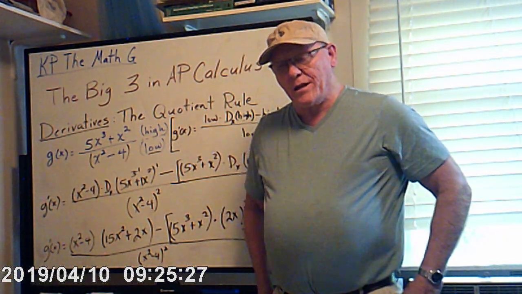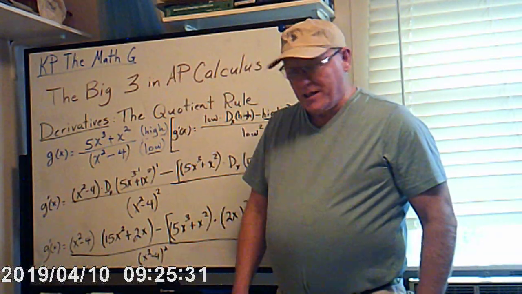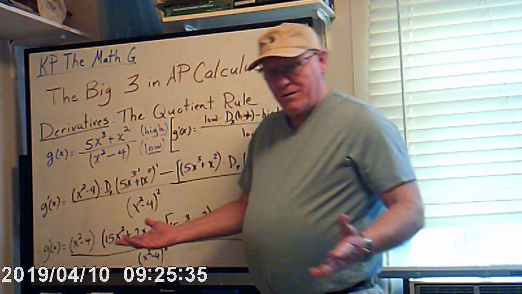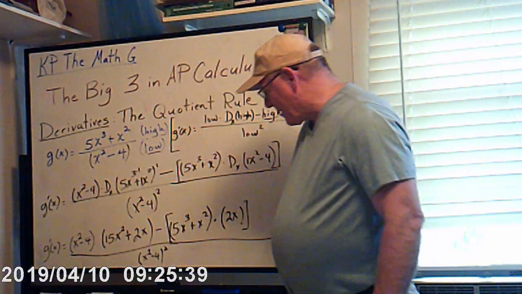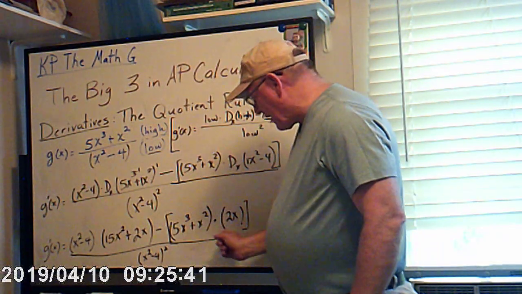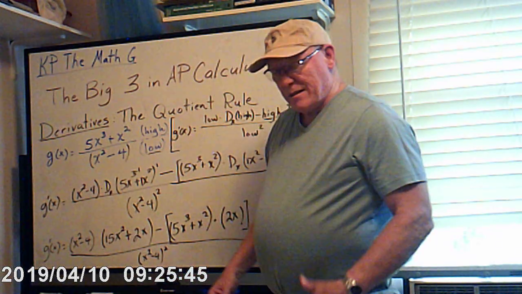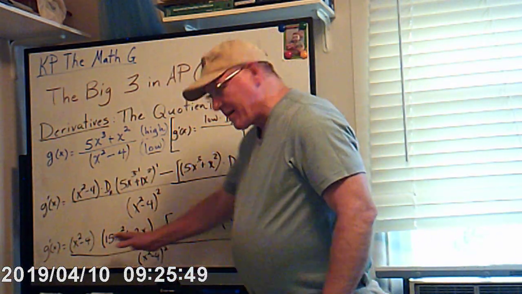Again, if you want to see a final answer, you'd probably have to distribute this using the FOIL method, or if you know how to do it without the FOIL method, you can just distribute that and then distribute this over here, collect like terms, and see if there's anything that can be reduced here.